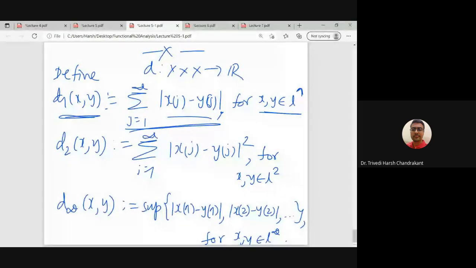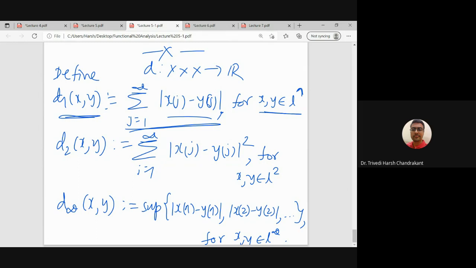So that means d1 of xy is d1 of yx, and we can see that d1 of xx is 0, and d1 of xy is always non-negative, right?